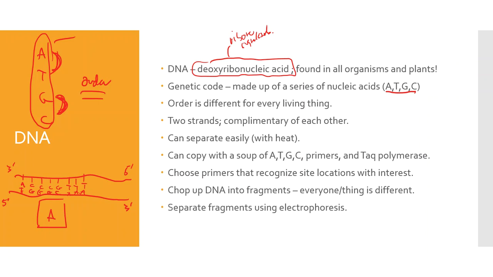Okay, if we can separate these two strands and have a loose strand here and a loose strand there, and if we give this environment the proper ingredients, what can happen is that it will look at these freed up DNA strands, and it will look at the base pairs that are on that strand, and it will go through and zoop, and then it would start matching the base pairs that's needed to create a brand new DNA double strand for me.